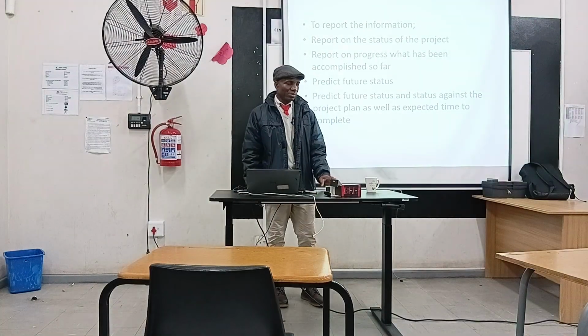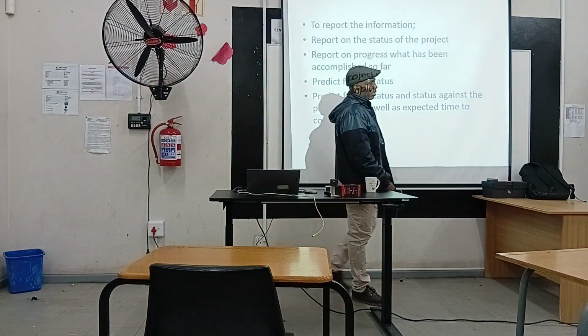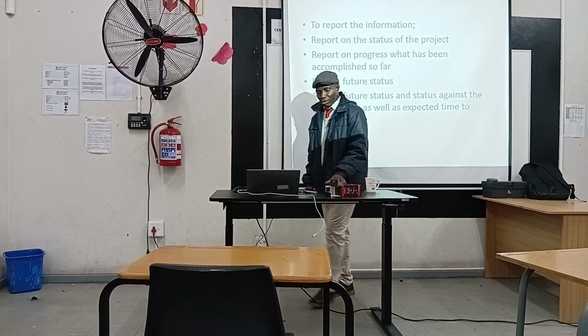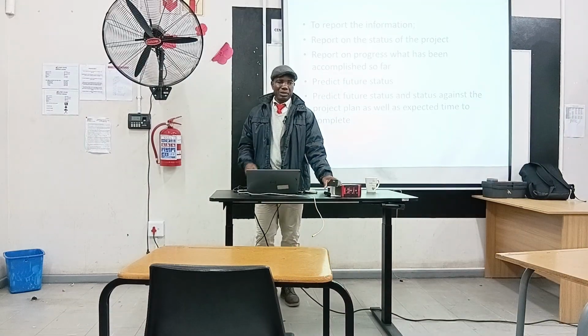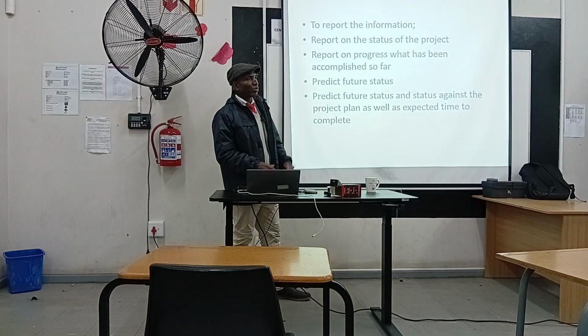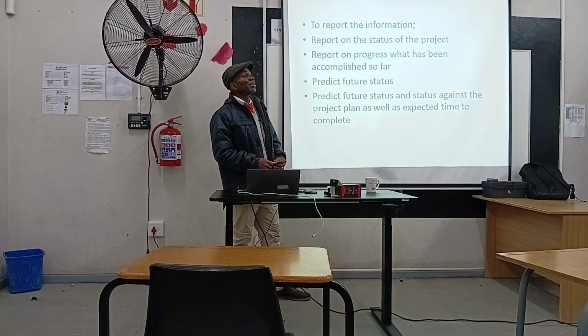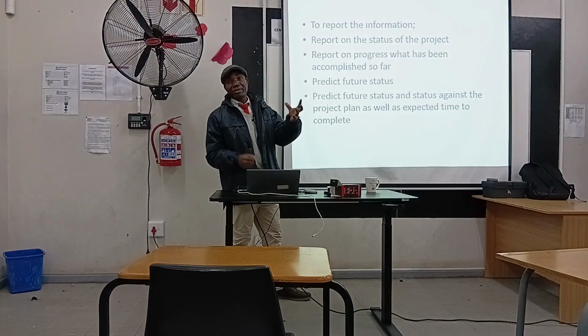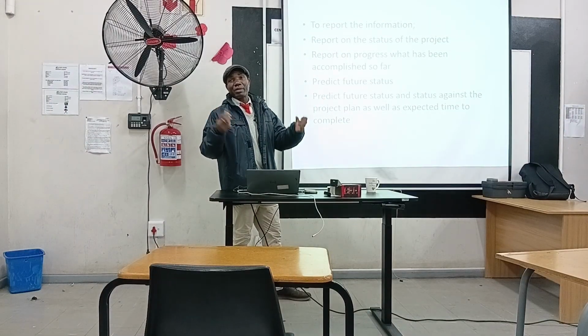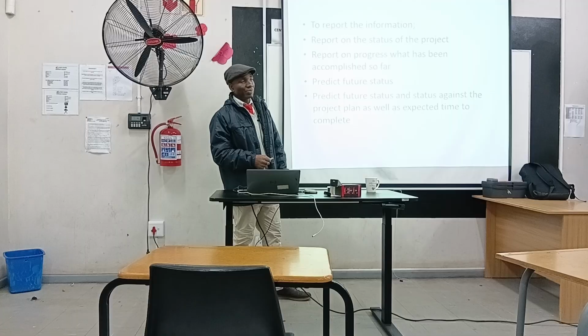By so doing, you can predict the future time that the project will be completed. You can only achieve this if you have actual factual information and data from the project.